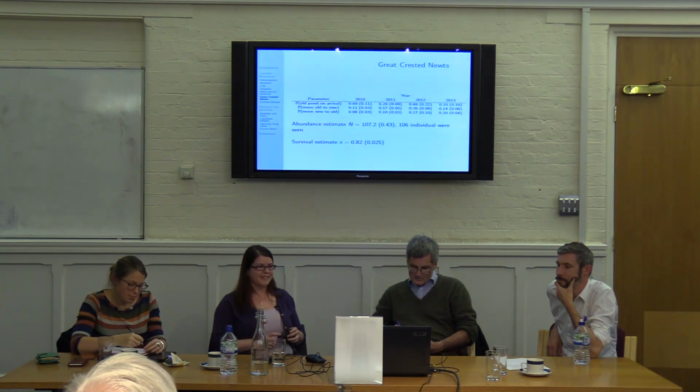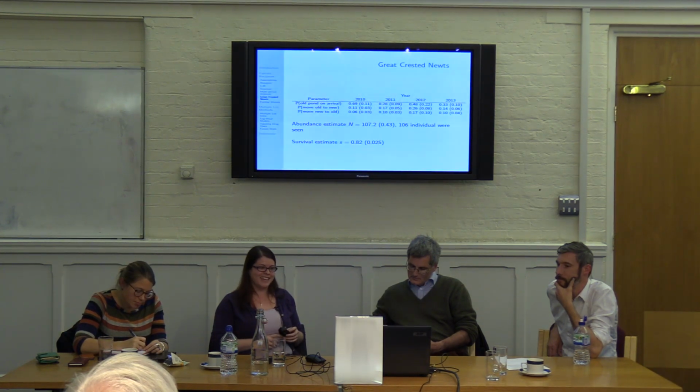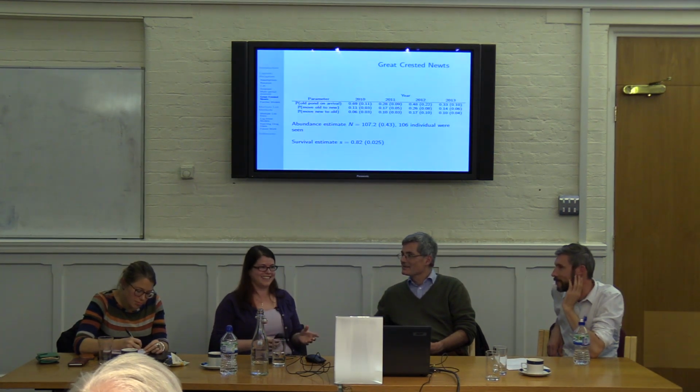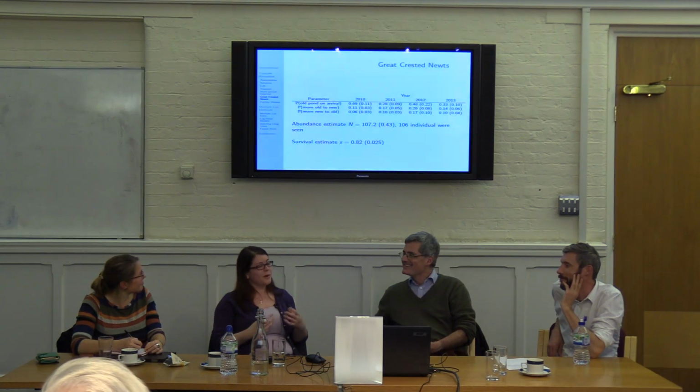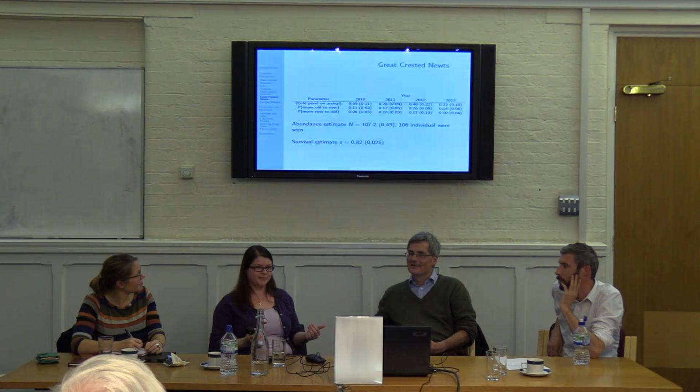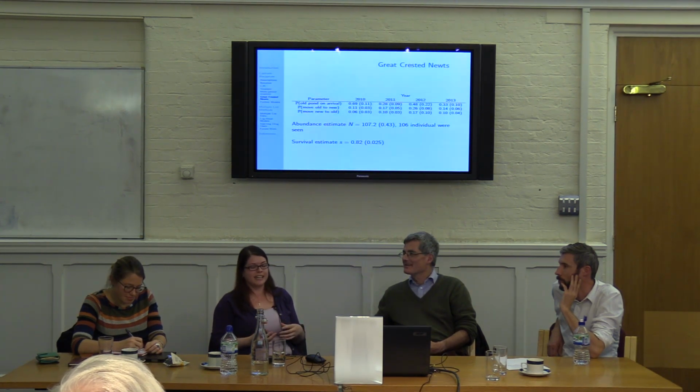What was surprising, and we went back to check this, was the abundance estimate over those 12 years came out at 107. Now we saw 106. So we went back to them and we said, does this actually seem right? And they said, well, yes, actually. One of the years they did a drift fence survey. So they were trying to work out how many they actually see in any one year.